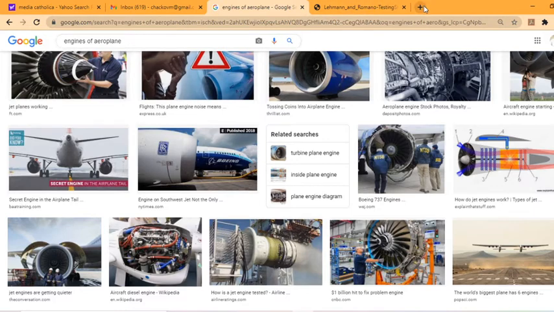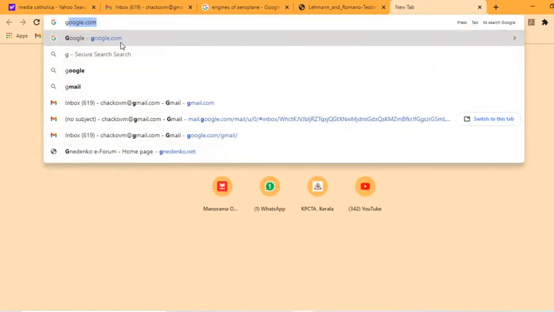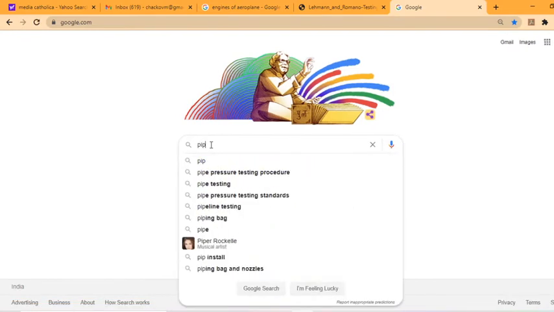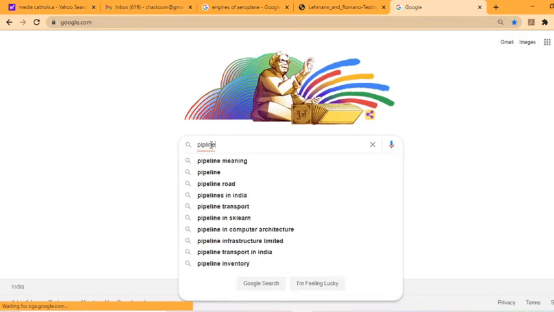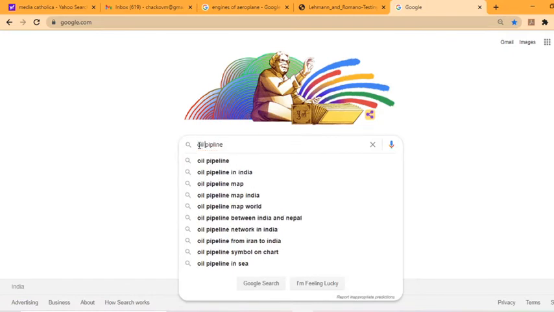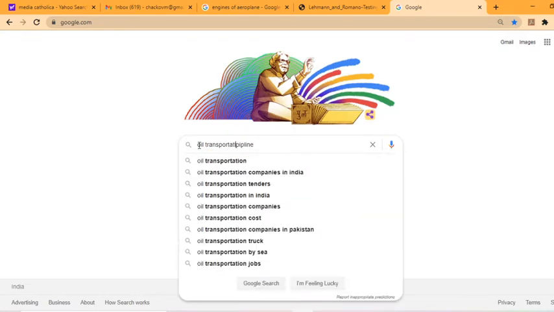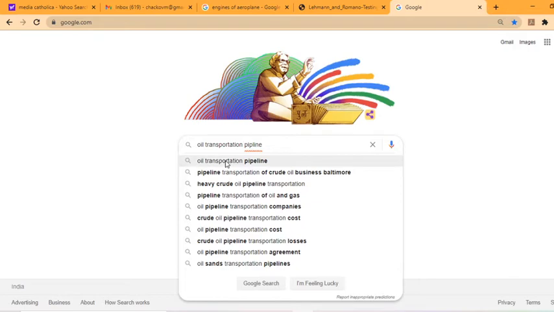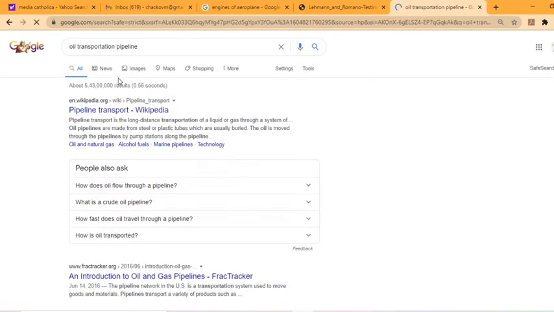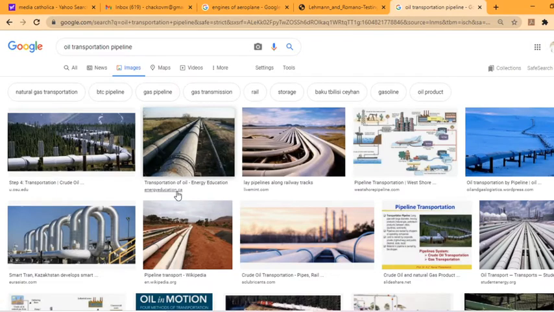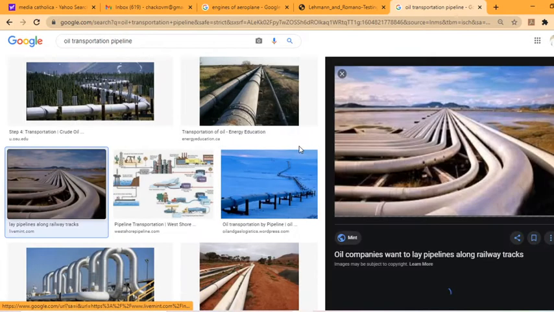Let us look at another system, that is a pipeline. Have you seen the images of oil transportation systems? Sometimes you can see it like this.